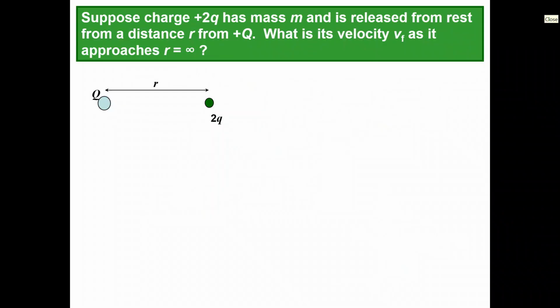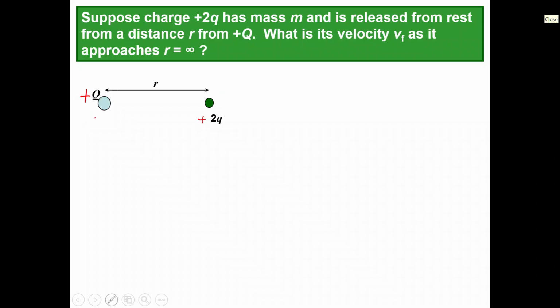So we have a charge positive 2q, has a mass of m, and is released from rest from a distance r from positive q. We want to know the velocity as r goes to infinity. So we're starting at this position, and we've got a positive q here, and a positive 2q, so they're going to be repelled.